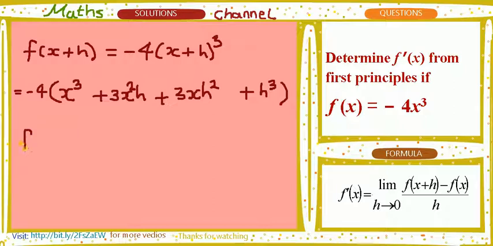The next one, you just write it as it is: f of x equals negative 4x cube. Let me multiply this one first inside the bracket so that it will be simple when we cancel it. Multiplying this by negative 4, you'll have 4 cube.